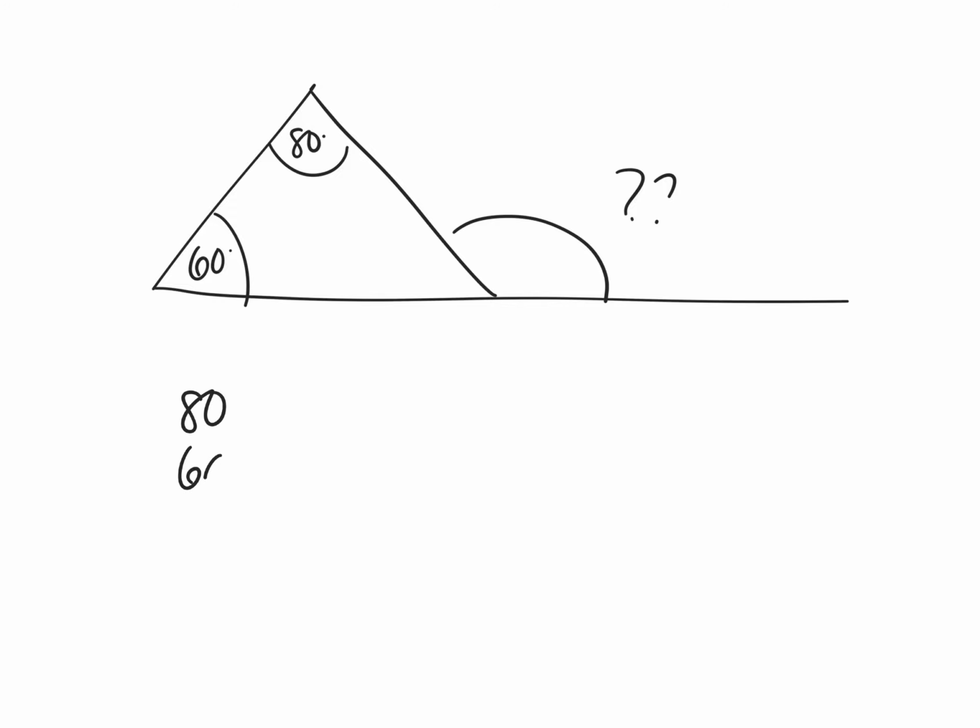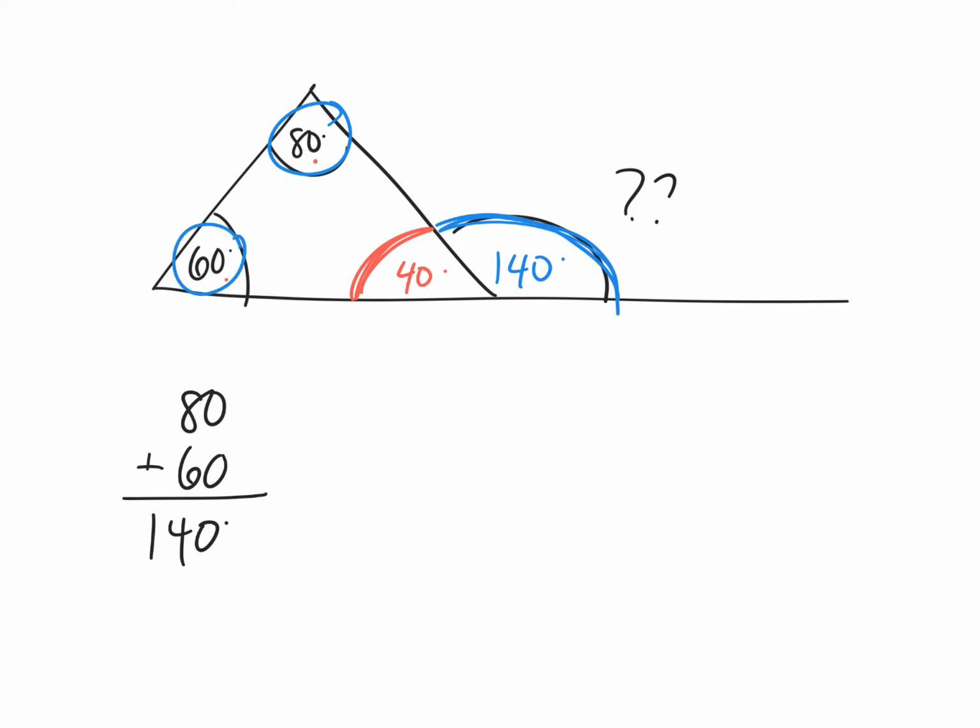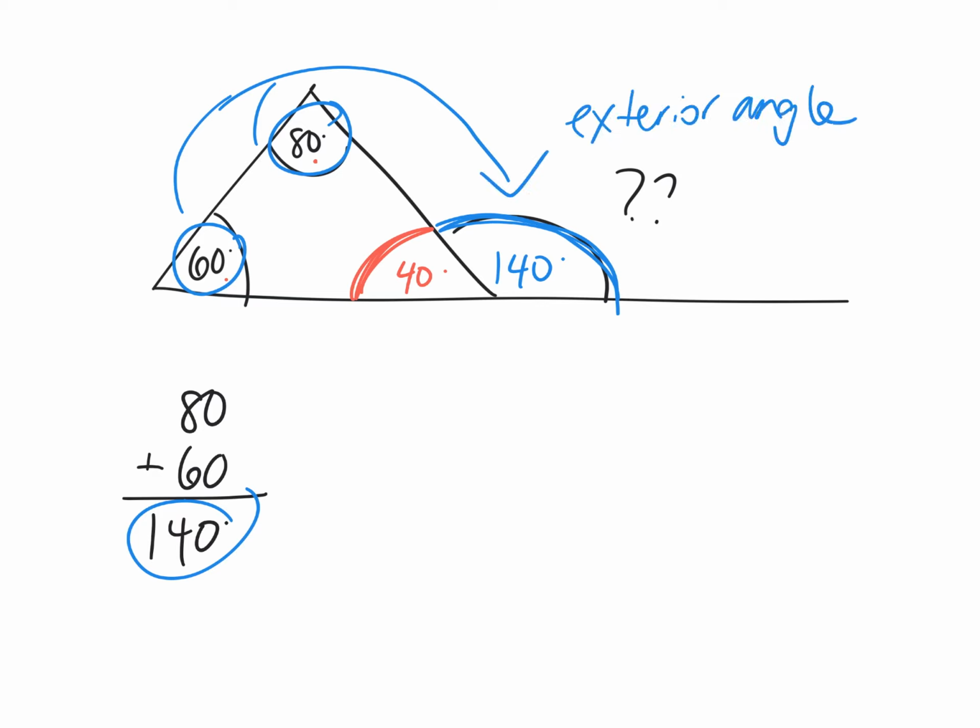What's 80 plus 60? 140. Okay, so you want to figure out this first? If this plus this is 140, what does this angle have to be then? 40. Well, then what does this have to be? 140, right? If I add these two together, it actually gives me the exterior angle every single time, right?